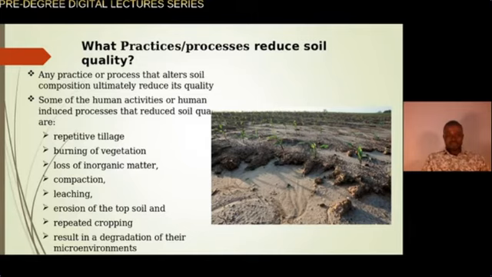Then we have loss of inorganic matter, loss of minerals, and loss of the weathering component that builds up the soil, which will definitely affect the quality of the soil.